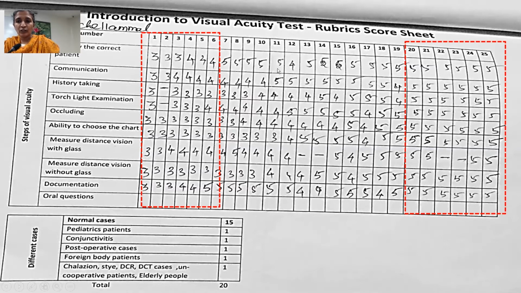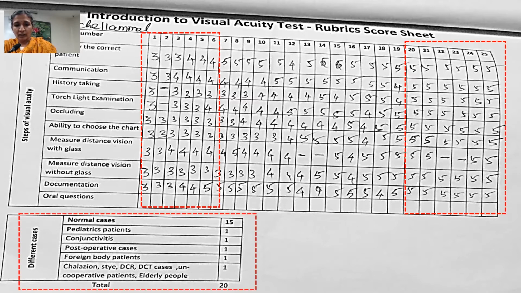Now, all of these 20 to 25, or it could be 5 or 10, depending on the skill, depending on how you would like to structure it. But here, what you're seeing in front of you is evidence of learning. At the end of, say, the 20th patient, I can confidently say Chellamal is now competent to perform this skill unsupervised.